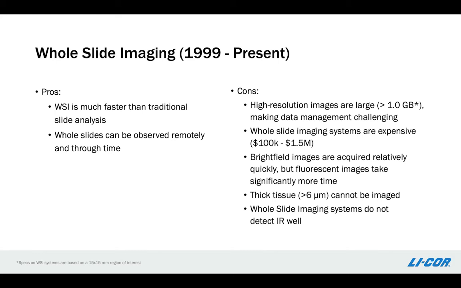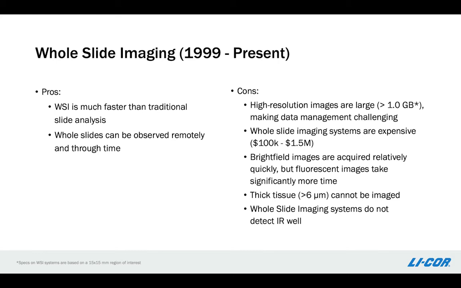That said, whole slide imaging is not without its limitations. Acquired images generally are high resolution and large, and normally they exceed about a gigabyte or more per channel for a 15 by 15 millimeter section. Further, whole slide imaging systems are expensive. And although they improve on the efficiency over traditional microscopy methods, the image acquisition can still be time-consuming.